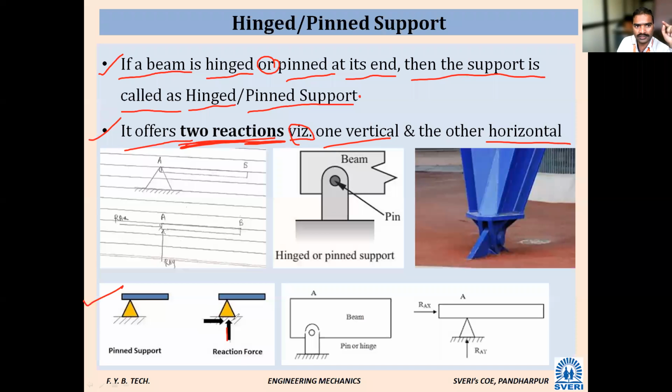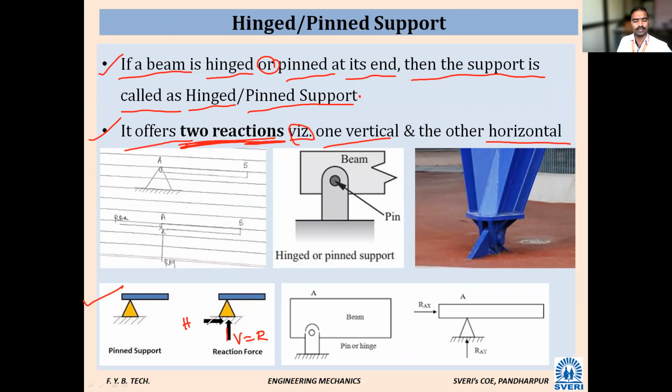One. In the hinged or pinned support, how many reactions will develop? Two. What are those? One is horizontal and one is vertical. Horizontal is denoted by H and vertical is denoted by V, or you can take it as R. No problem. So draw this diagram.